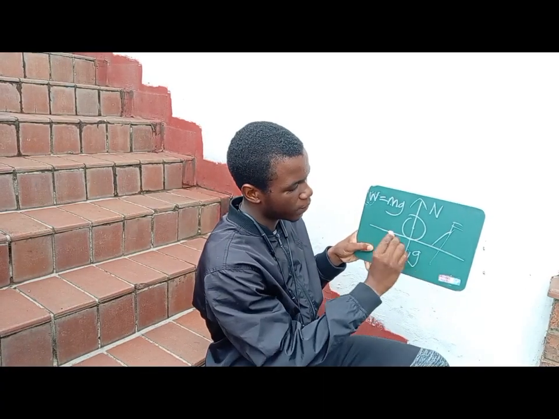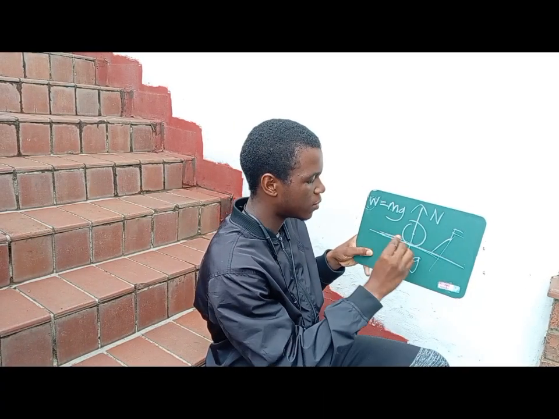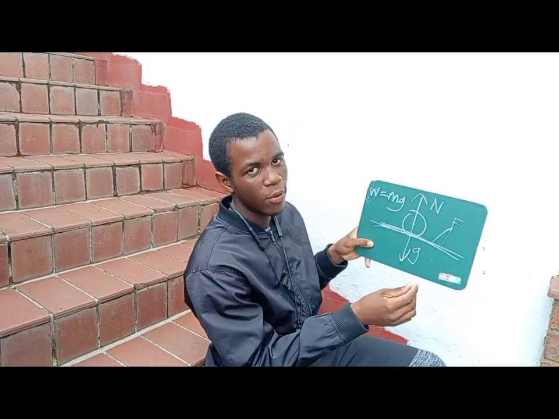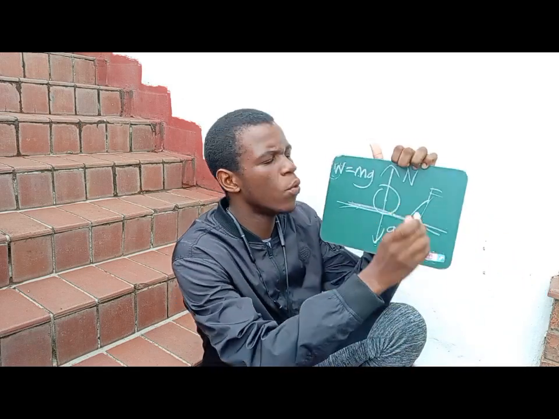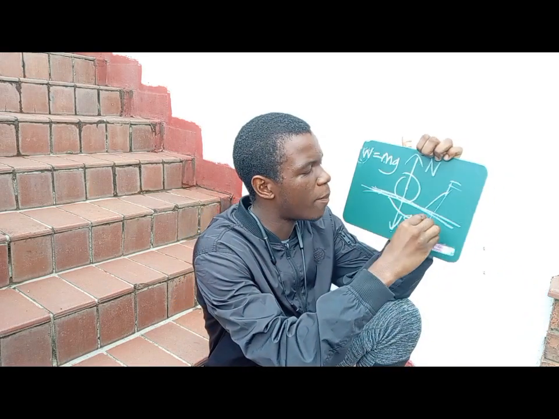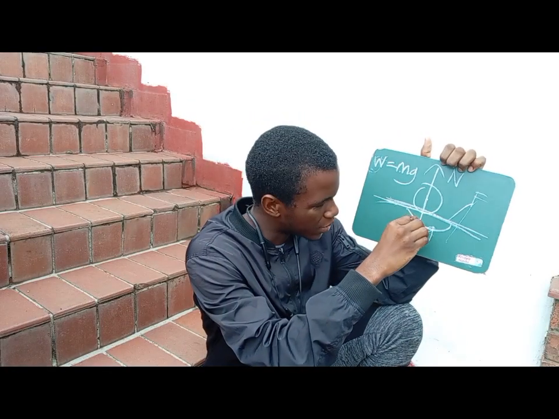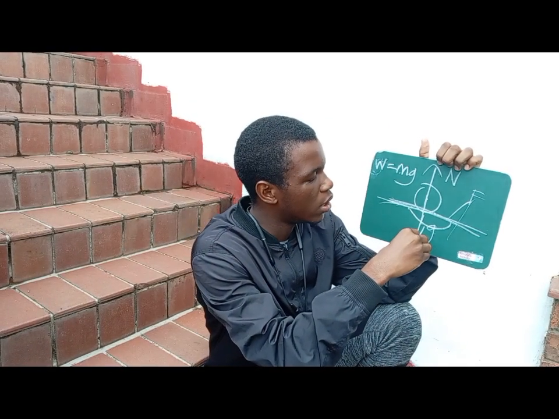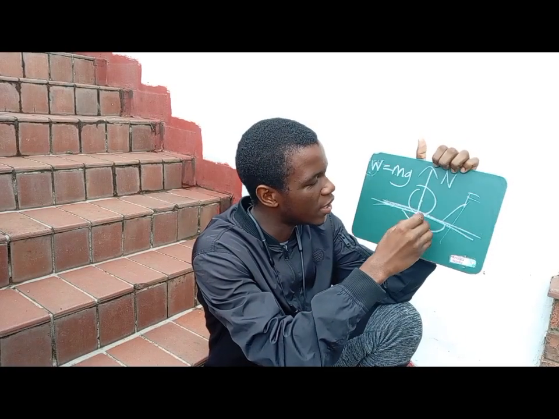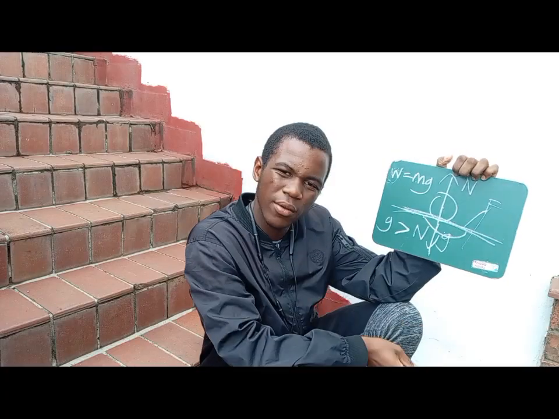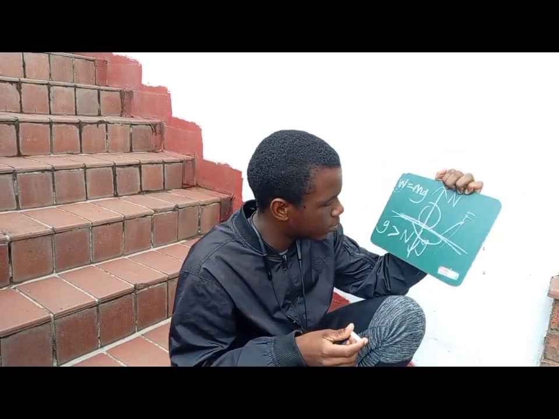The fabric right here, whatever this ball is placed on, whatever this material is, is very important, because what you can see right here is that if you have a very weak fabric, something that can bend, the force that goes down, the gravitational force, is greater than the normal force. You can say G is greater than N. What this is telling us is about the state of equilibrium.